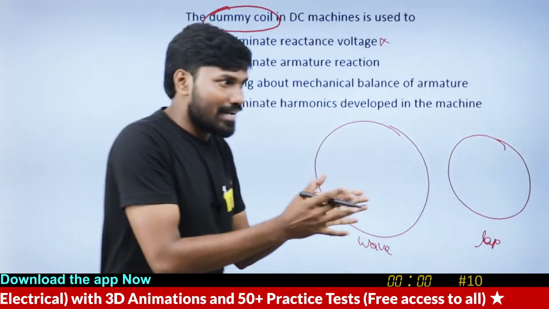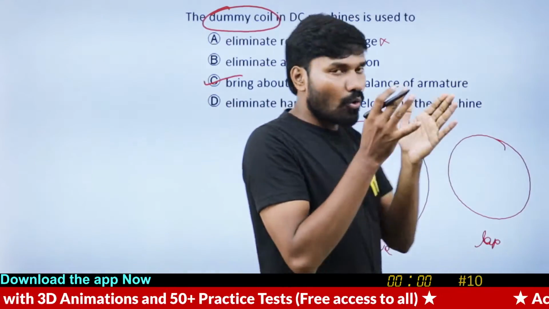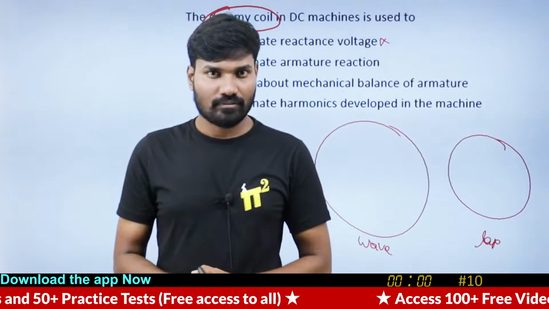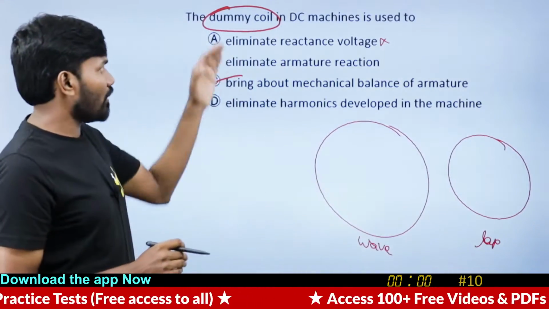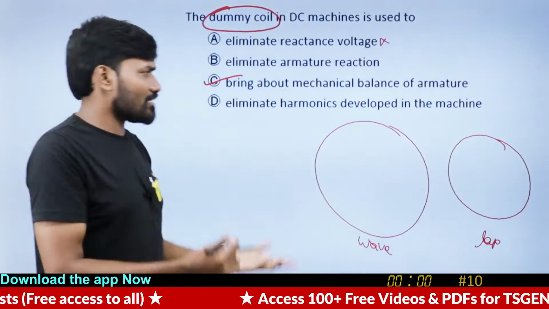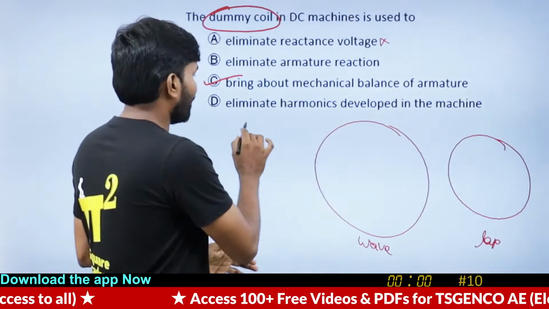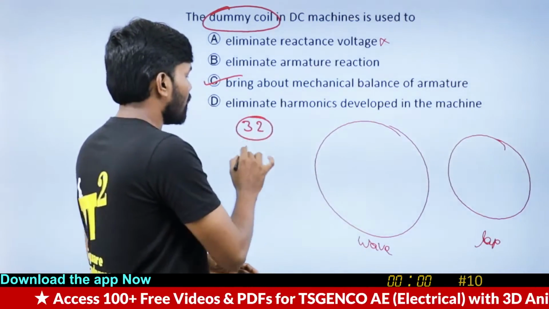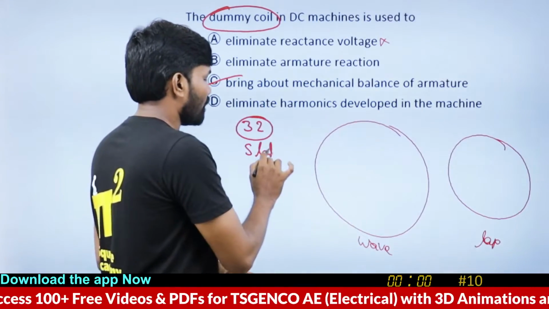I will design the armature core irrespective of the winding. Be careful with this point. Why are dummy coils used? Suppose I design some number of slots, 30 or 24 or 32.